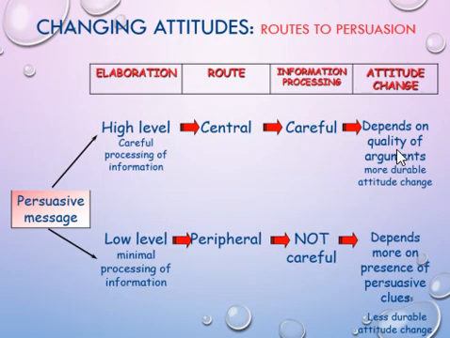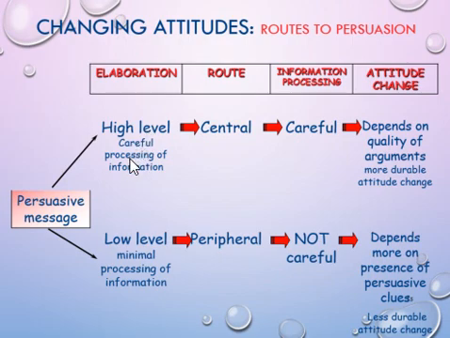And the attitude change depends on the quality of the arguments, it's more durable. Here the attitude change depends on the persuasion cues, and I can be persuaded at that moment and then change my opinion again. So I want you to remember, if they ask you something, I want you to mention all these cues.